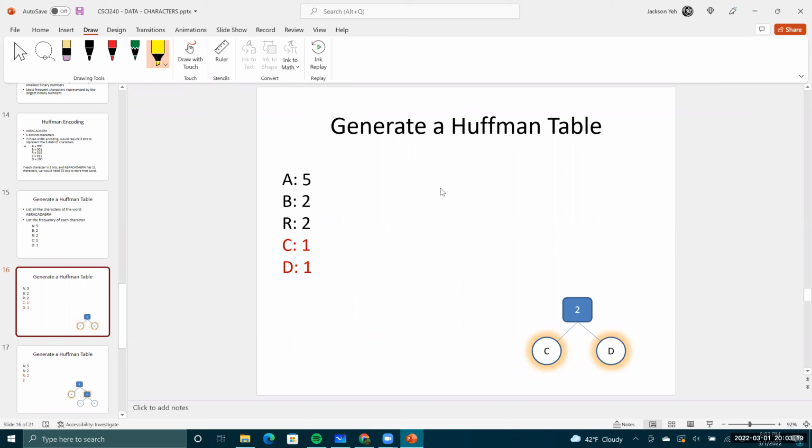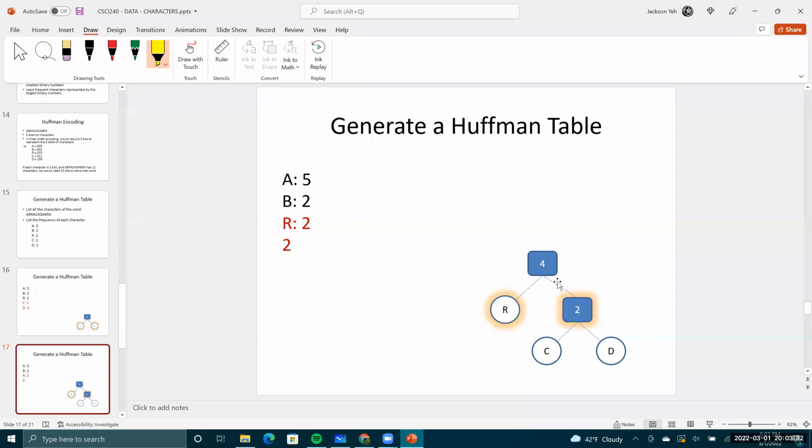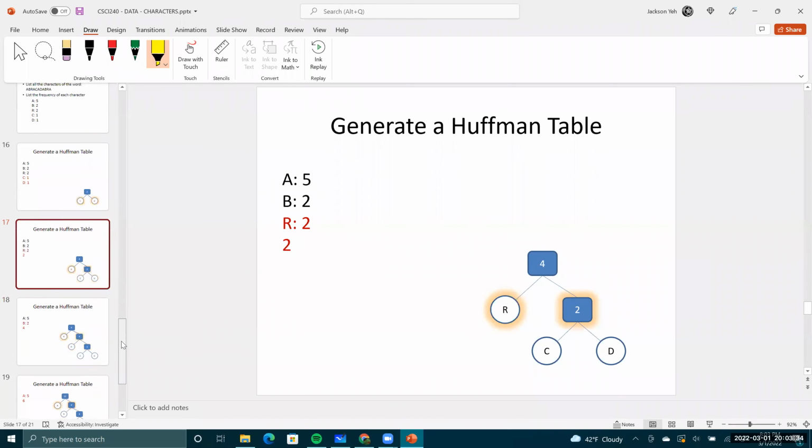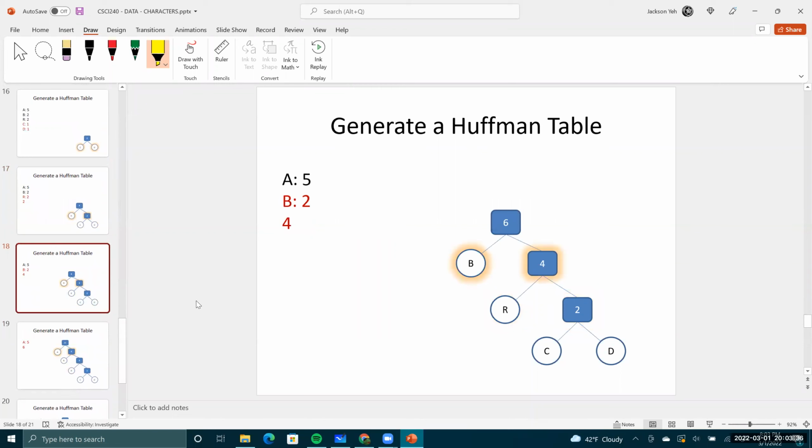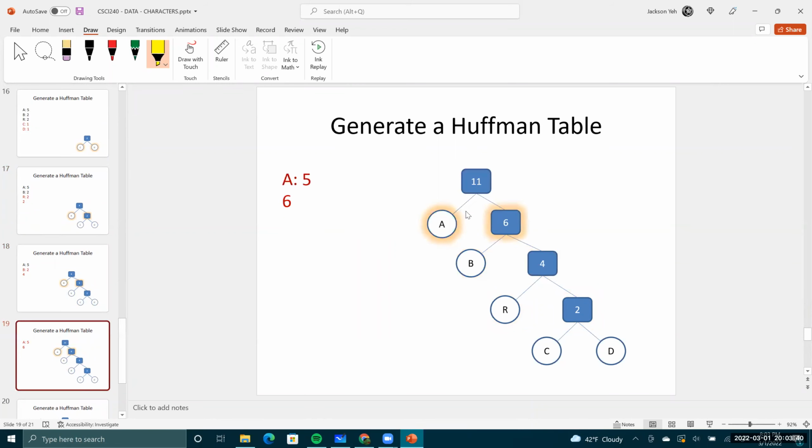Looking at my table on the left, we see C and D each happen once, so they get placed at the bottom node. Then it takes the next value, R, which is placed above, and it keeps moving up this tree. B is next, and very last is A, all the way at the top.